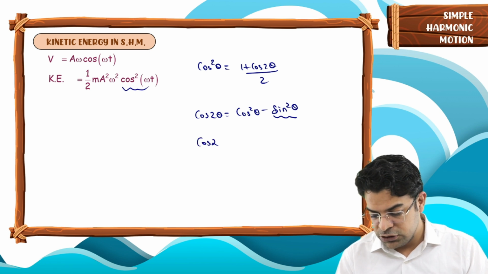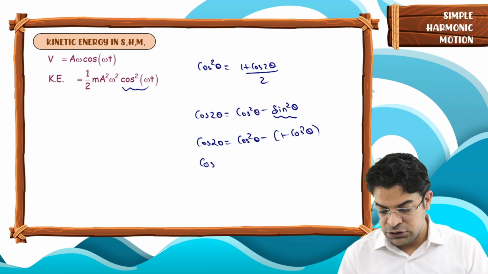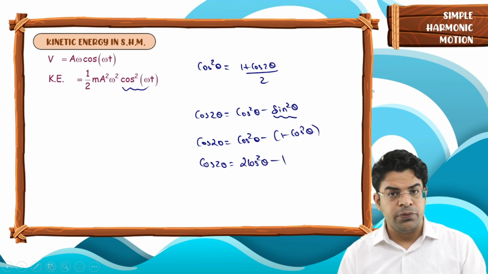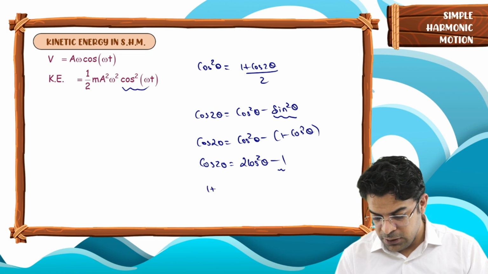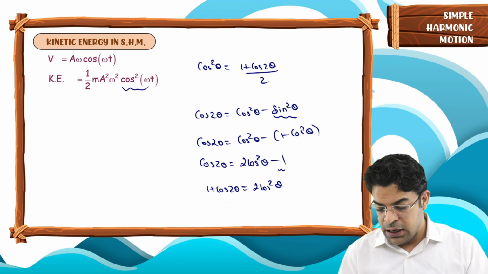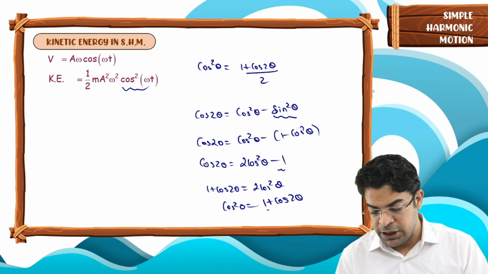So cos 2 theta equals cos square theta minus 1 minus cos square theta, which gives cos 2 theta equals 2 cos square theta minus 1. Bring this minus 1 to the left hand side, so 1 plus cos 2 theta equals 2 cos square theta. Hence, cos square theta equals 1 plus cos 2 theta by 2.